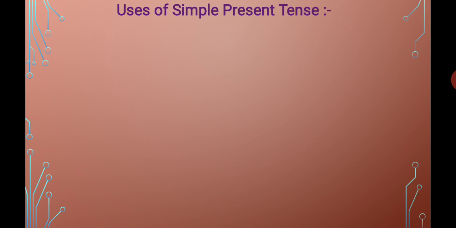Now we will start the main and important part of this lesson, uses of simple present tense. From this topic we will understand where and when we can use the simple present tense. Okay, so let's see. First use, repeated actions.